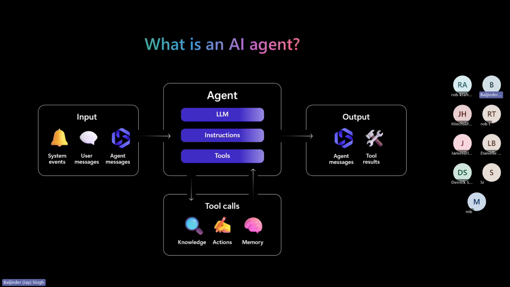An agent is a system that can reason, decide, and act using tools. In this slide on the left, you see we have inputs that an agent works with. So this is not just a single prompt. An agent continuously receives system events, which are things like timers, triggers, or external signals.